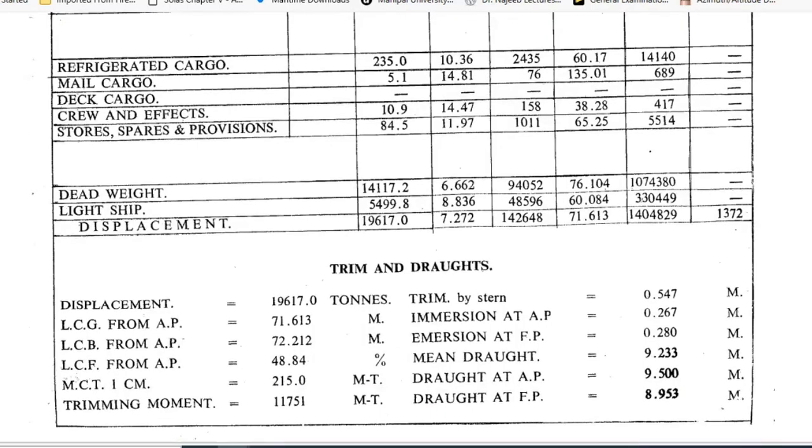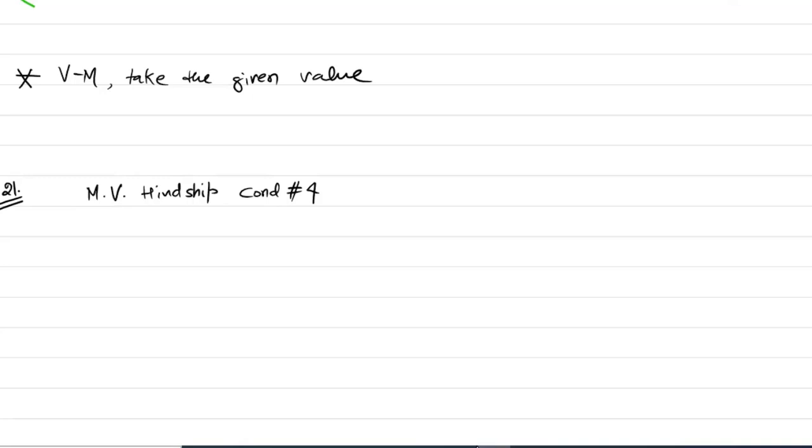So this is given in condition number 4. Yes, this is the final displacement. This value is also given. This is KG. This is W. This is KG. And this is vertical moment. Make sense? So we have already got first line, MV Hindship in condition number 4.